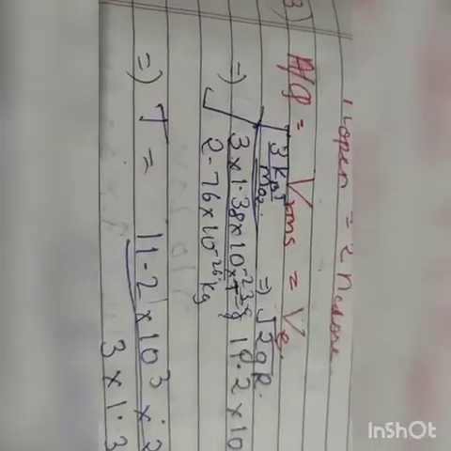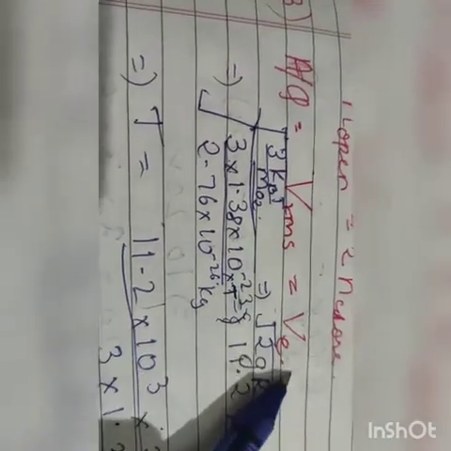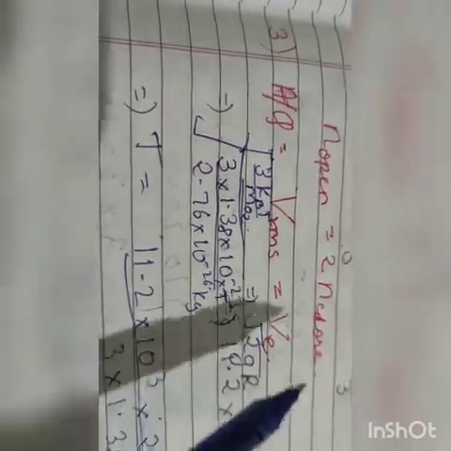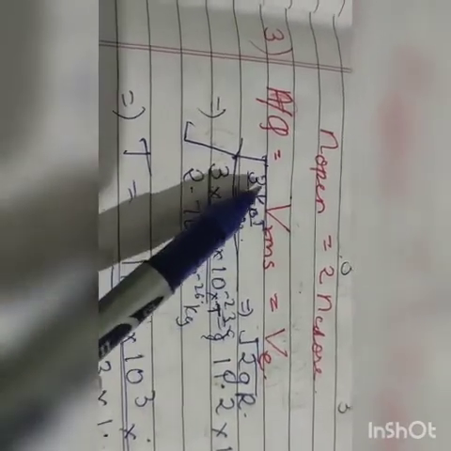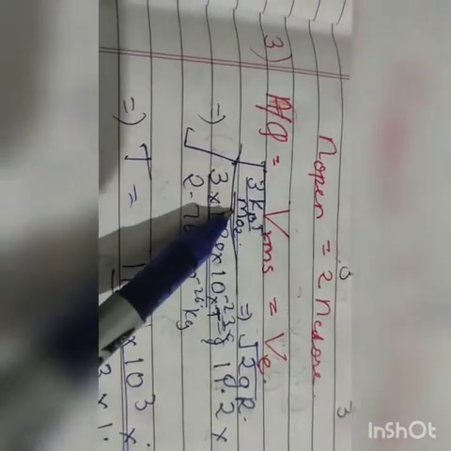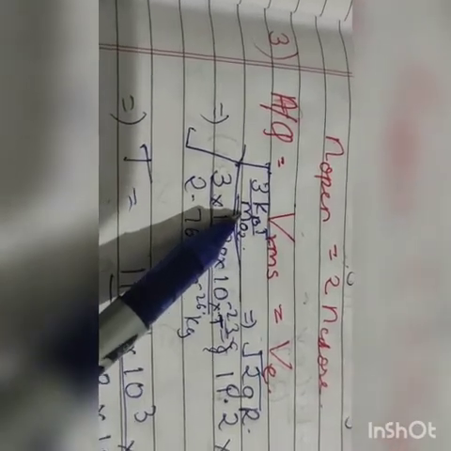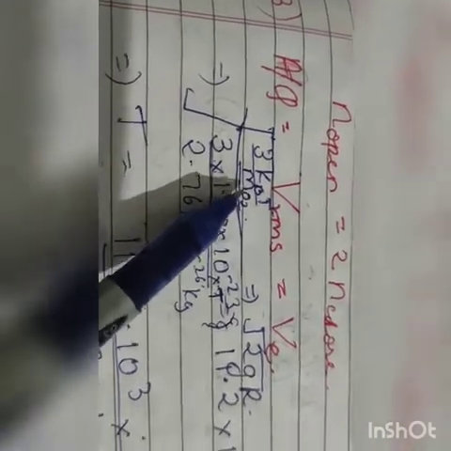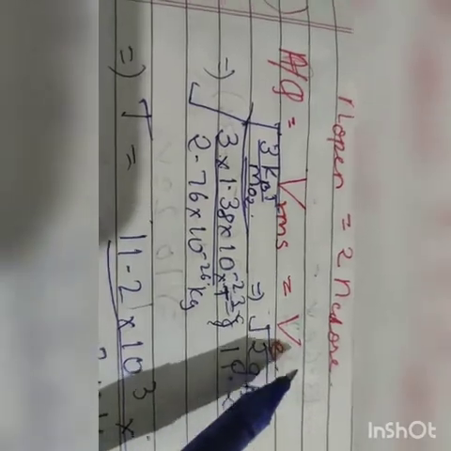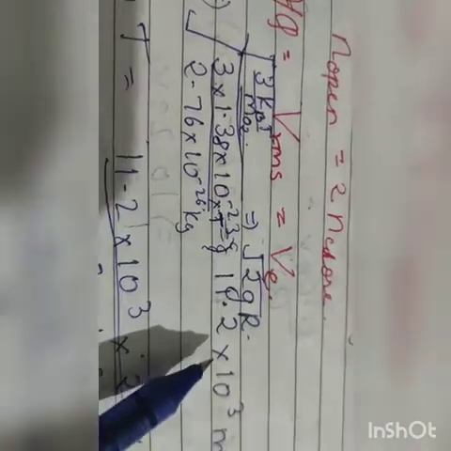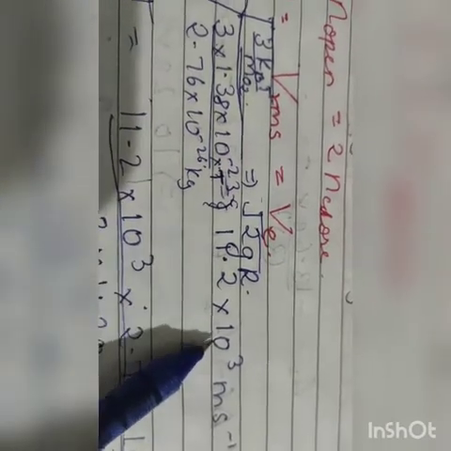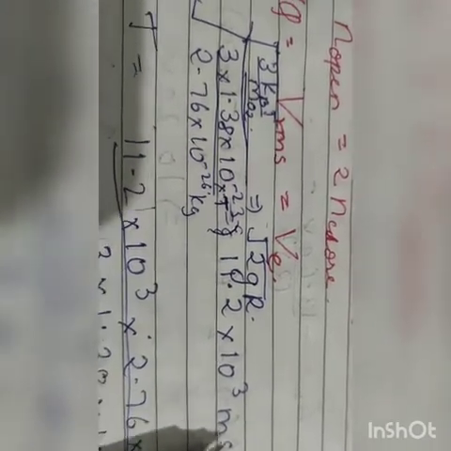So according to the question, Vrms is equal to Ve, the escape velocity. We know that Vrms is equal to root of 3 kB T by mass. Here the element is oxygen, so we will take the mass of oxygen, and escape velocity is root 2 gR. Escape velocity is fixed everywhere, that is 11.2 into 10 to the power 3 meter per second.